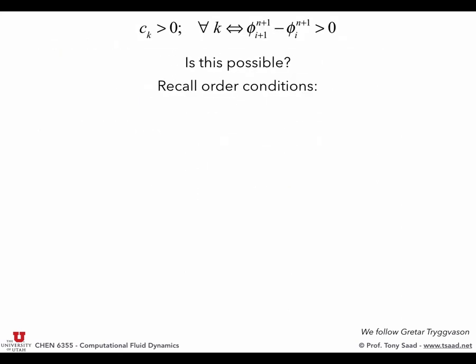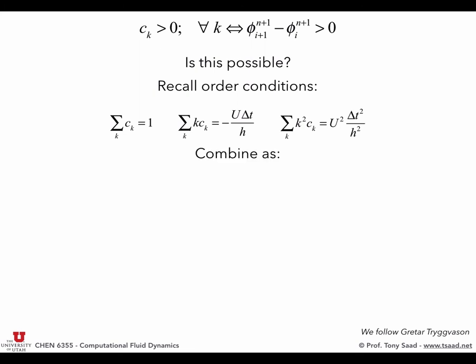Now, recall the order conditions, that sum c_k equals 1, sum k c_k is minus the Courant number, and sum k squared c_k is u squared, etc. Now we're going to combine as the following. We notice that this guy is this guy times that guy squared. So in other words, this guy times that guy is equal to this guy squared.